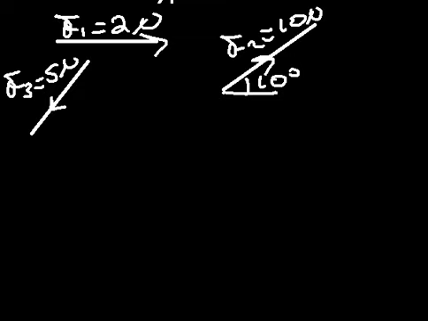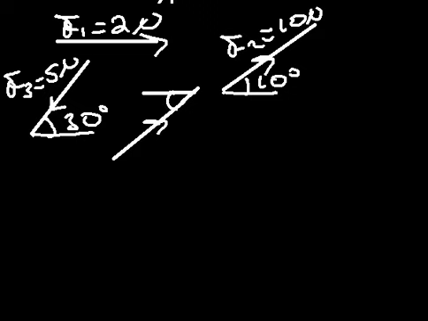Let's say that's the case. The angle is given as 30 degrees, and we have another vector going over like that, at an angle.